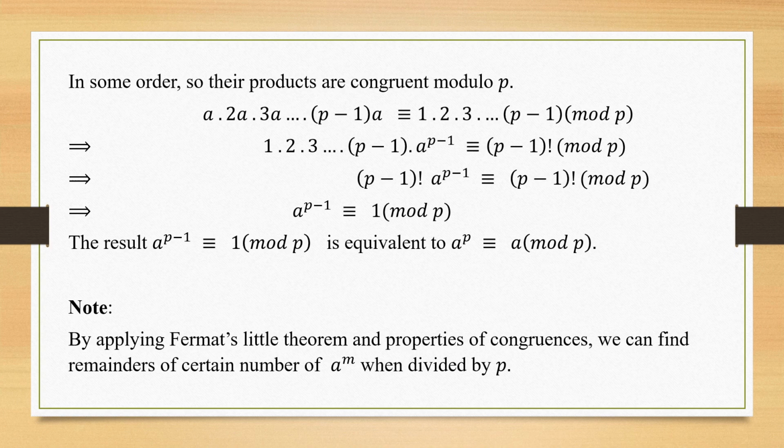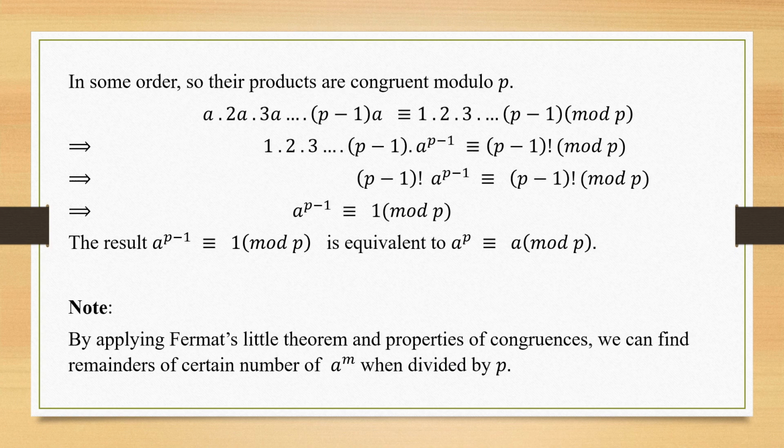So on the left hand side, what am I having? a times 2a times 3a and so on up to (p minus 1)a is congruent to 1 times 2 times 3 and so on up to p minus 1 mod p. Now what can I do here?